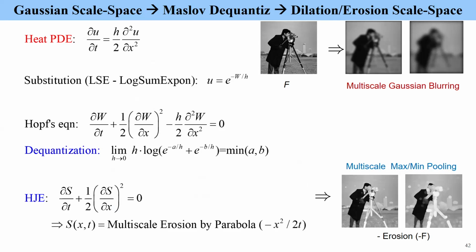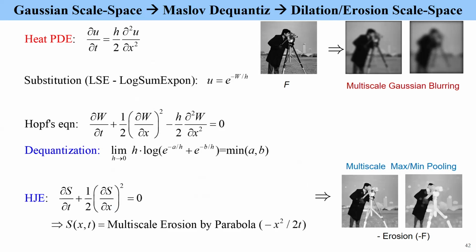So, for example, if you have an original image and you want to create its multi-scale Gaussian convolutions, then this heat partial differential equation is exactly what models this and gives you this continuum of multi-scale Gaussian convolutions of the image.